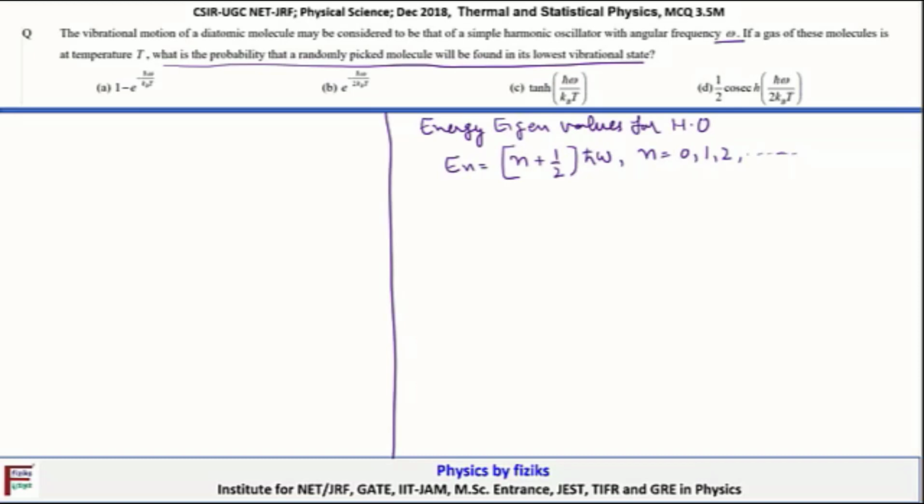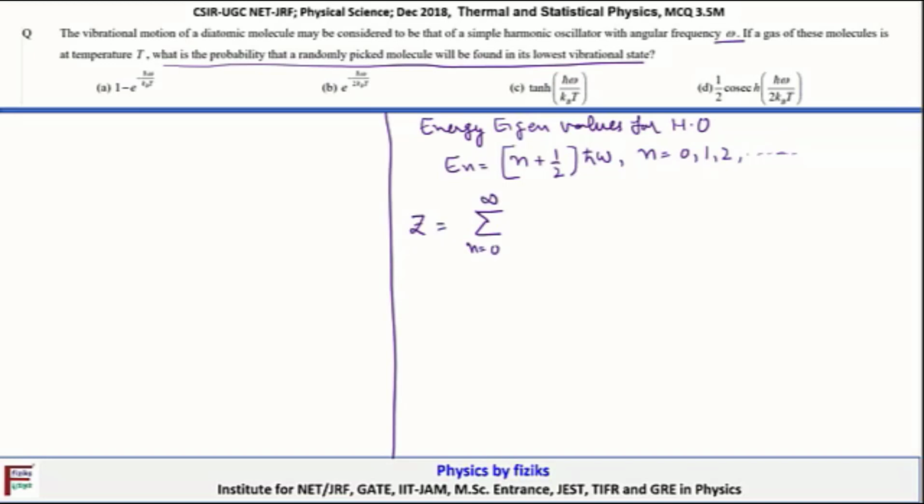Omega is the angular frequency of the harmonic oscillator. By knowing the energy spectra of the harmonic oscillator, the partition function for this harmonic oscillator is given by a summation running from 0 to infinity.